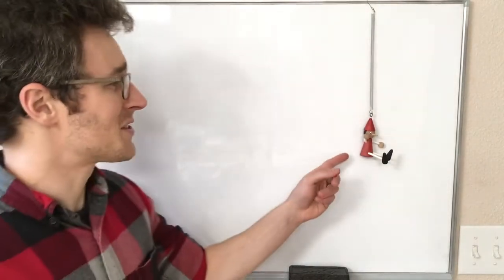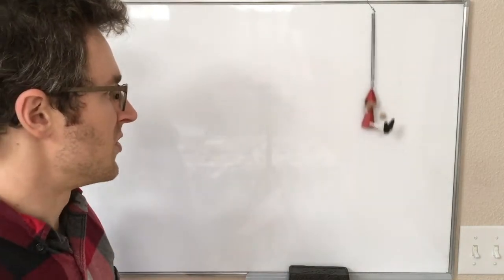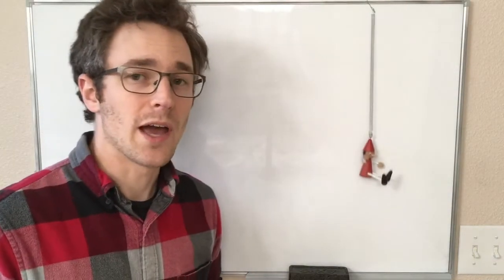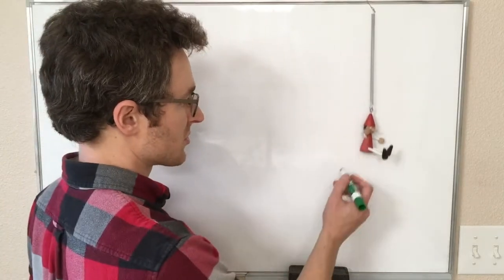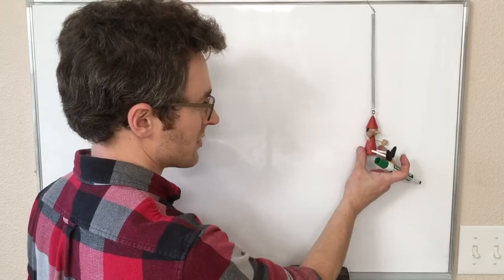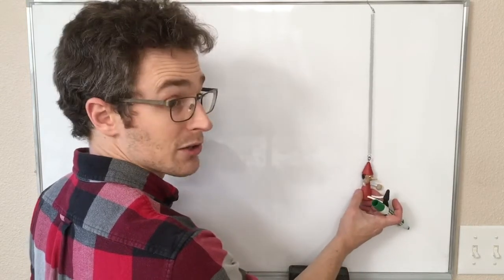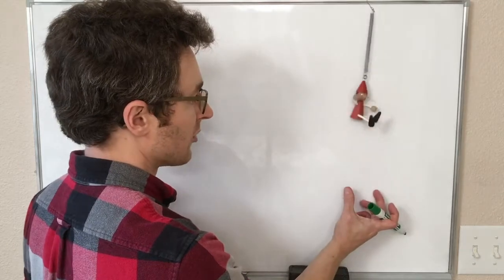Okay, let's think about ways that we could describe this motion. One thing we could look at is, if they're starting at some point and undergoing this motion and returning to that point. Like we started at the bottom, we let go, they go up, they come back down, and they return to where we were at the bottom.